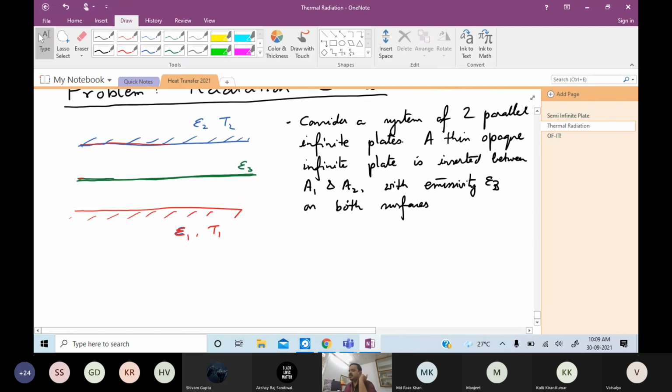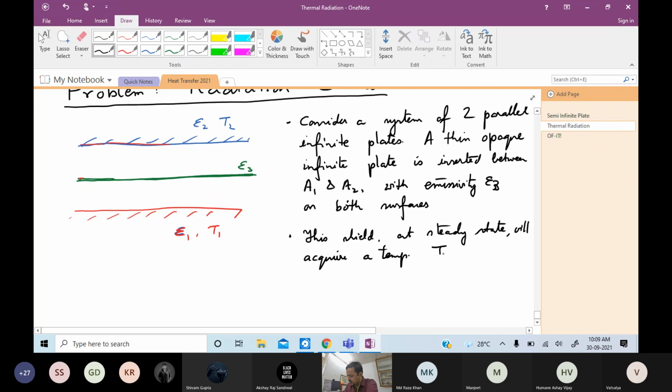Try to understand what will happen. This shield, called the radiation shield, at steady state will acquire a temperature T3, which we don't know, but we can guess that it will be somewhere between T1 and T2.